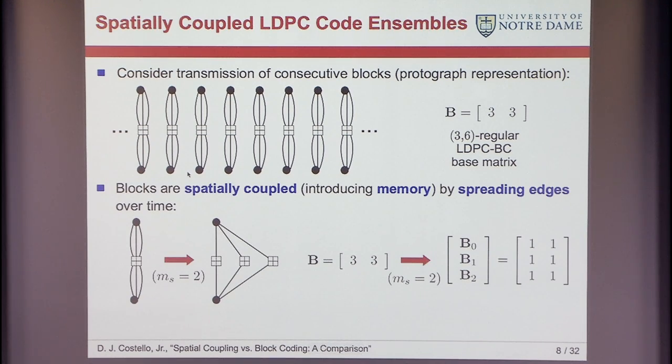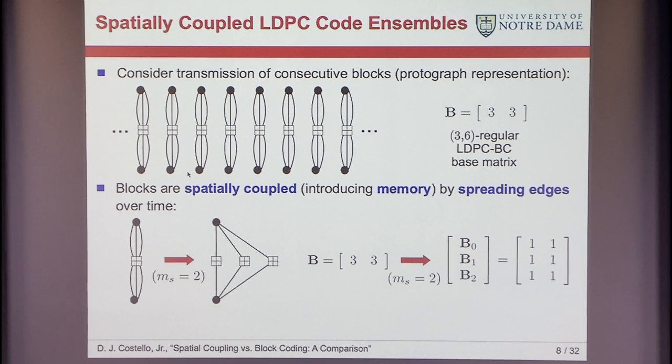Now, we can change things by spatially coupling, just introducing memory between consecutive protographs here. And one way of talking about this is we can so-called spread the edges over time. Otherwise, we can take this graph and spread these 3 edges over, say, the next 2 time units, or the next 2 parity check symbols in this graph.